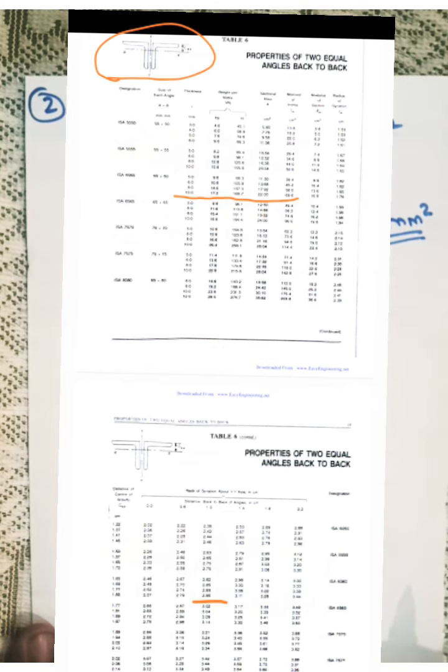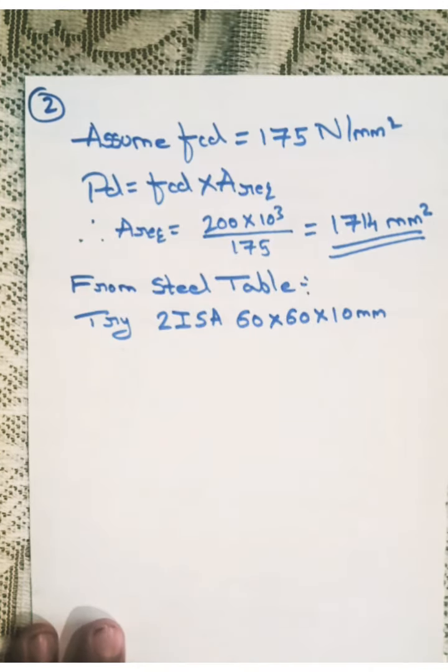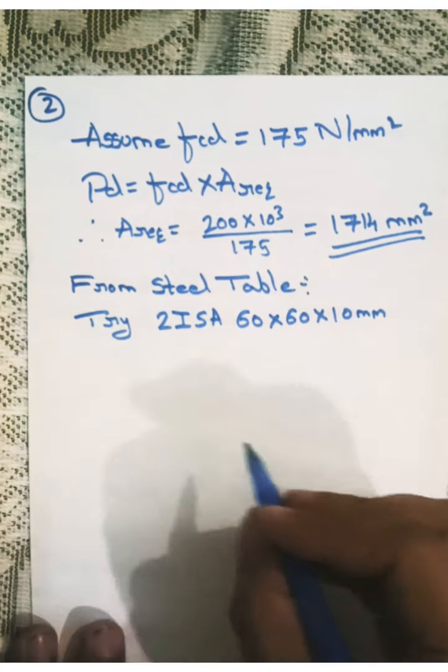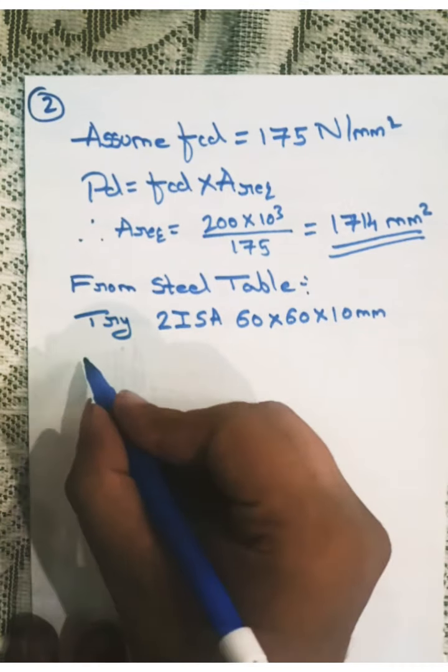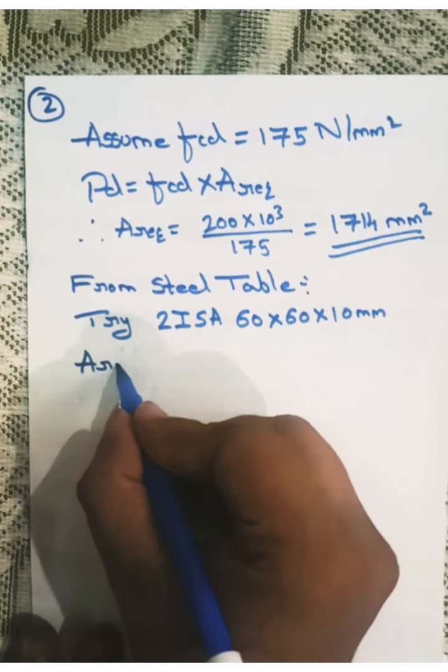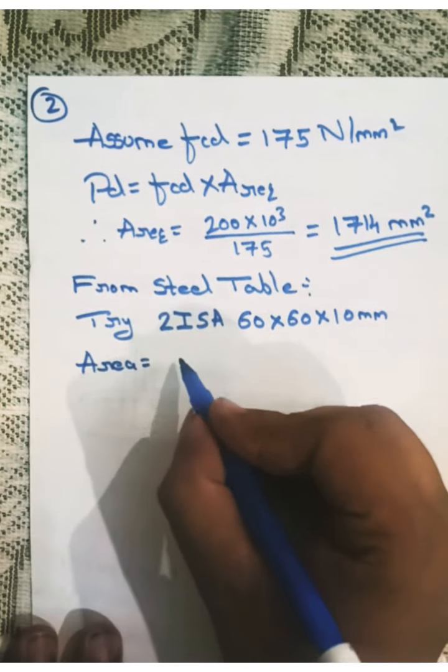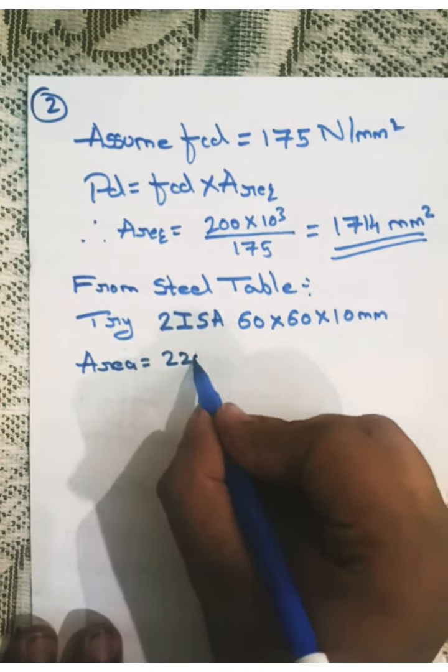This angle section I will try and I will check whether its capacity in compression is more than 200 kilonewton or not. For this section, in the steel table the area is given as 2200 mm square.